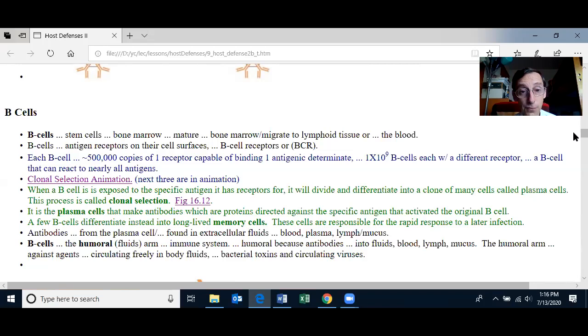And once they mature, they then migrate to the lymphoid tissue, meaning the lymphatic system, or the blood, meaning the circulatory system. And then they circulate around in the body in the lymph system and in the circulatory system.